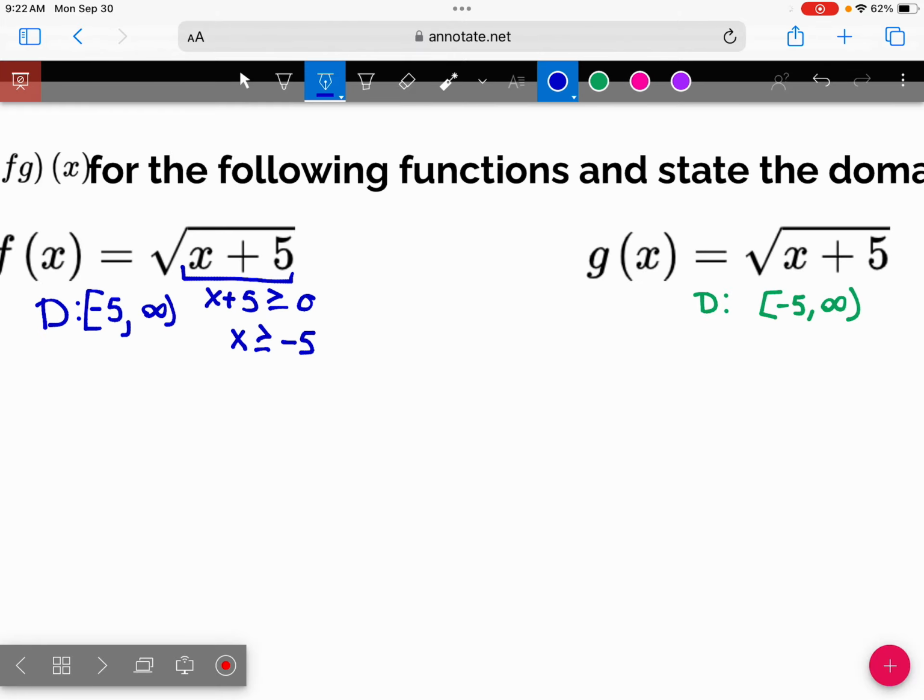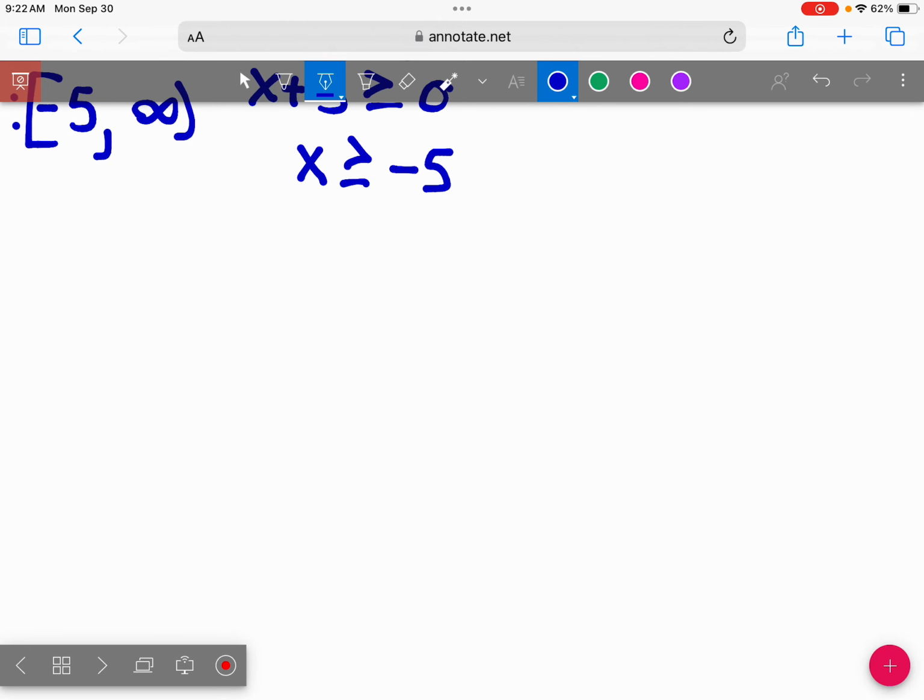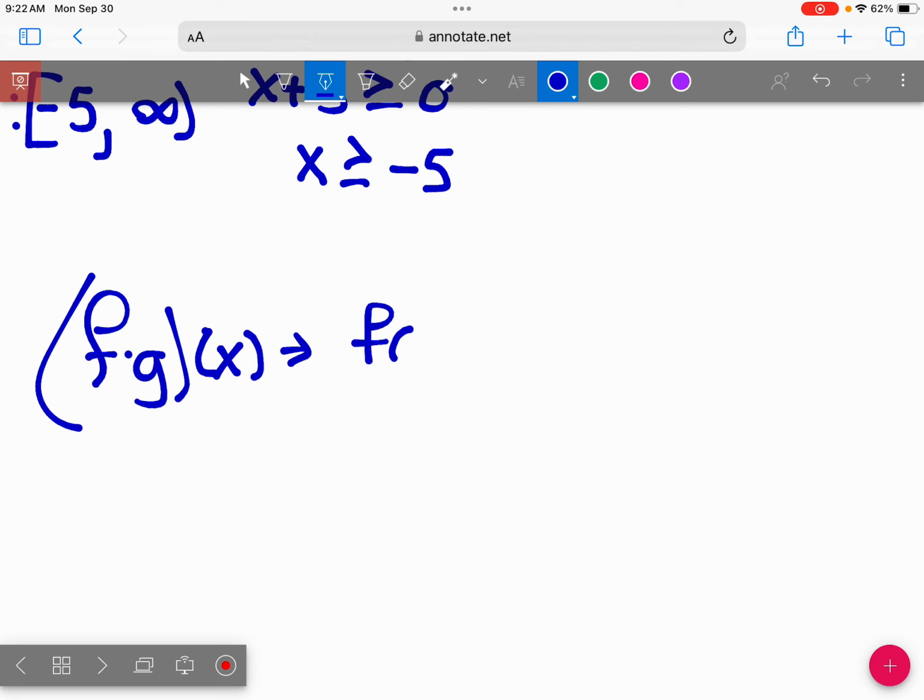So now we're going to do our operation. We're going to do our f times g of x. That's the way it'll be written in the book. Which means we're going to take our f of x times our g of x.